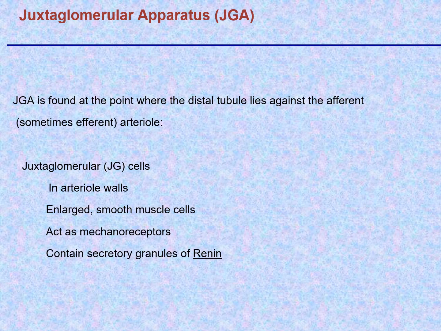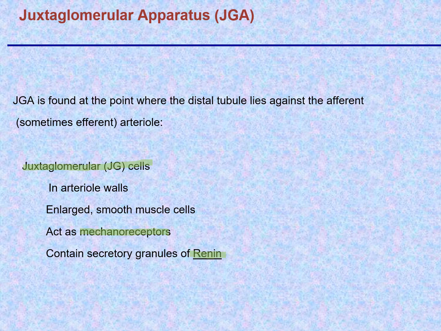The juxtaglomerular cells, at least, act as mechanoreceptors to respond to stretching of the tubules, and they contain a hormone called renin in granules inside those cells.